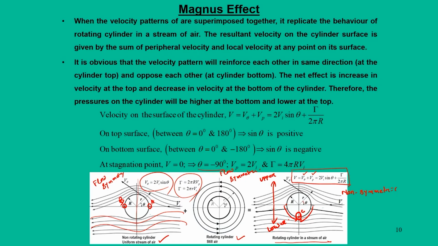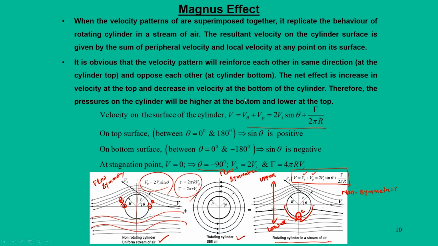From this analysis we can see why the velocity is higher at the top: in this expression sin theta is positive between theta equal to 0 to 180 degrees, and for the bottom surface, theta equal to 0 to minus 180 degrees, sin theta is negative. So there is a net velocity increase on the top surface and a decrease in velocity on the bottom surface.